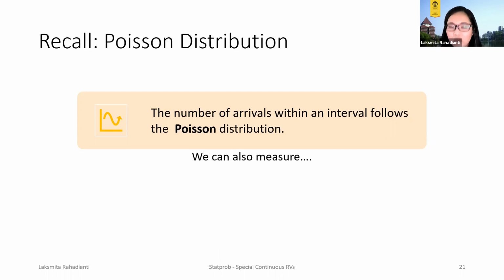That is why, using the Poisson distribution, you could compute the number of arrivals within an interval, the number of emails or customers coming within an interval. That follows the Poisson distribution because I'm counting discrete things. How many people are coming in an hour? How many emails do I receive in a week? And so forth.